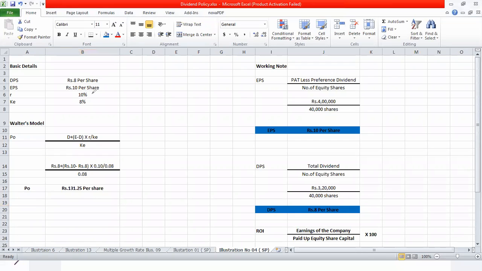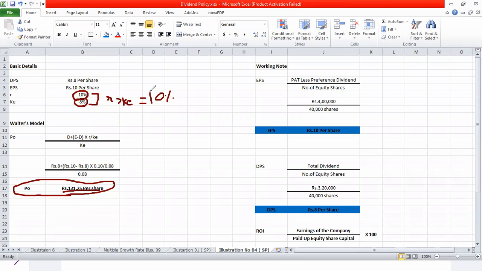In many questions we have done. For that we will have to compare the rate of return with KE. If R is greater than KE, the optimum payout ratio should be 0 percentage. Then your market price will be highest. So in this case, if the company wants to increase its share price, it should not pay any dividend because here R is greater than K, means the actual earnings by the company are more than the expectation of the shareholders.